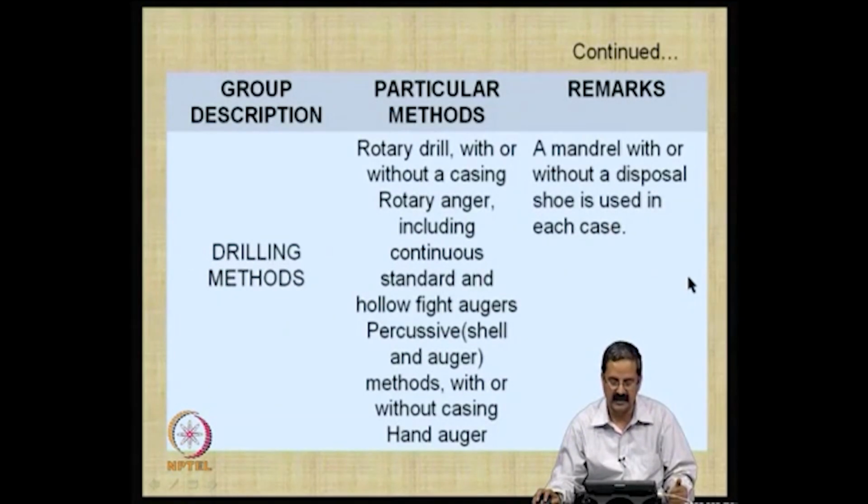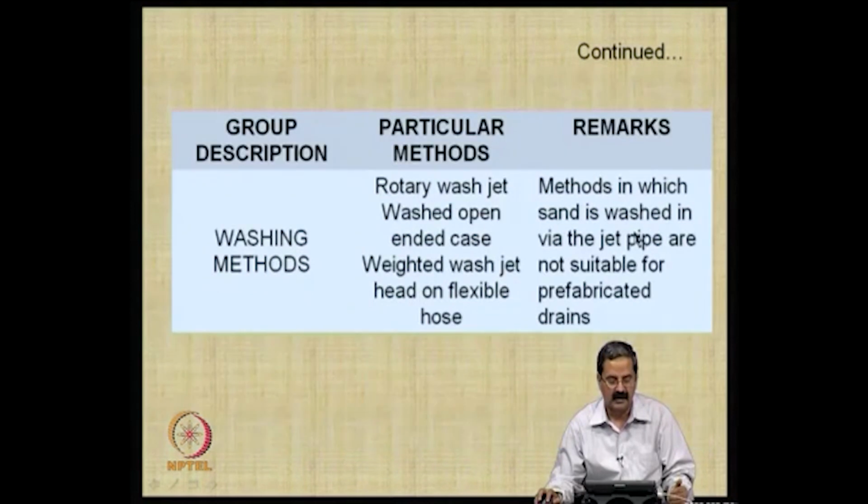So one can use drilling methods, of course depending on the type of soil, and standard methods could all be used. These are the many methods one can have, and washing methods also. They are similar to stone columns and these other methods.